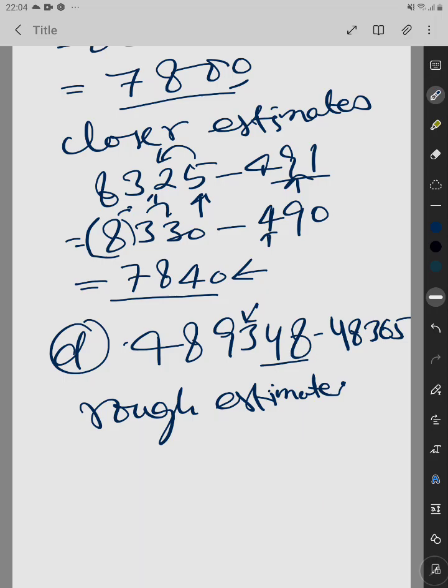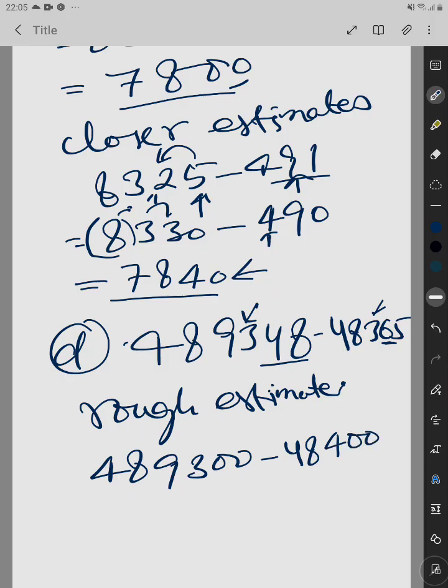So here it is less than 50, so it will be 489300. And then the second one is greater than 50, so this 3 will be increased by 1, because it is nearest to 400, the closer 100 we have to take. So this is the procedure, and this is the method by which we solve like this.